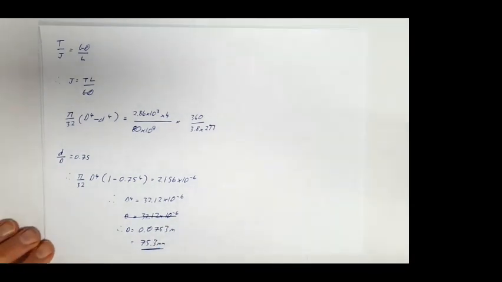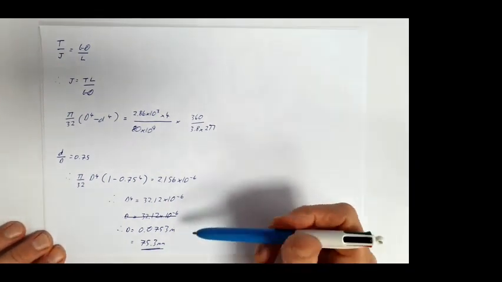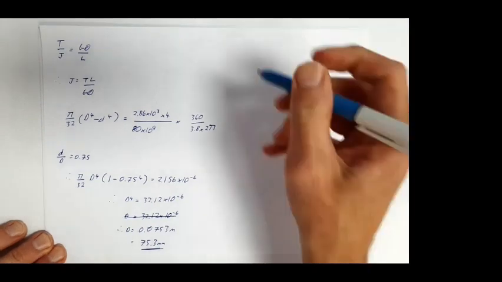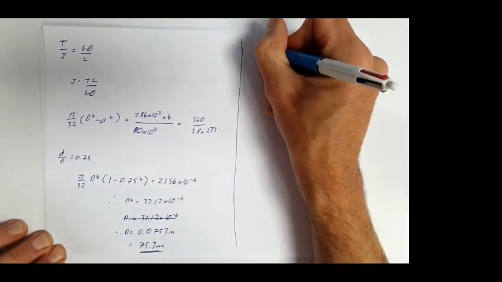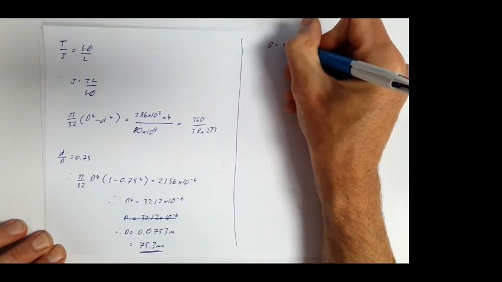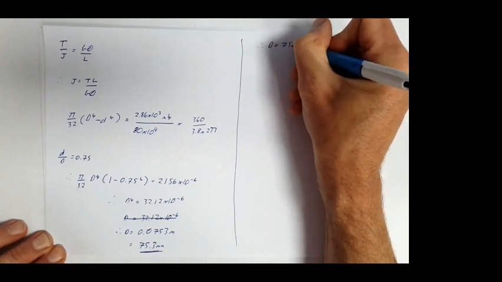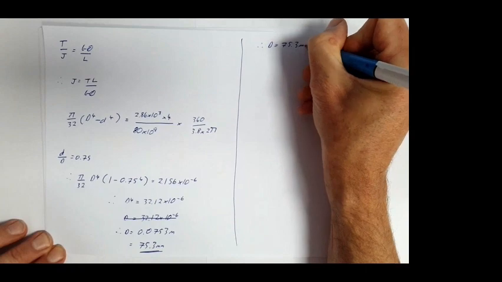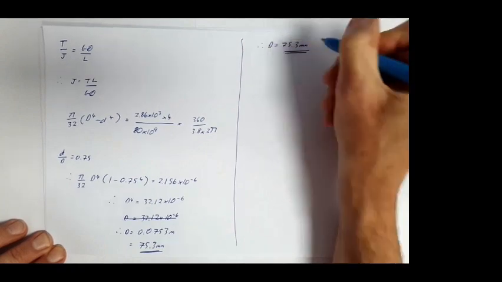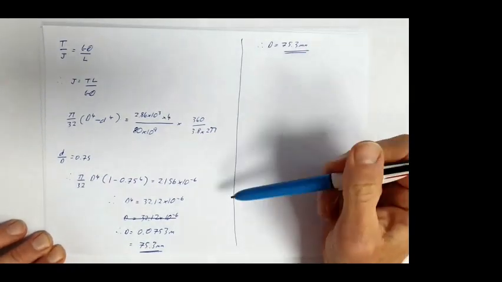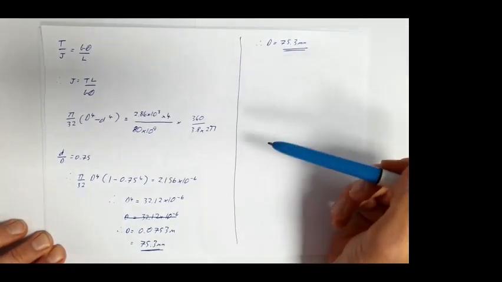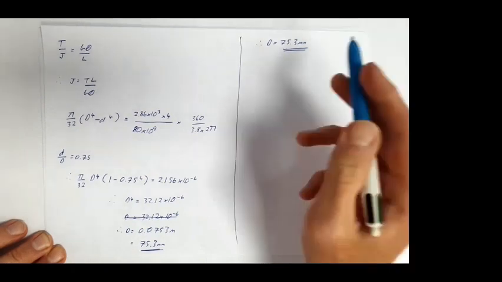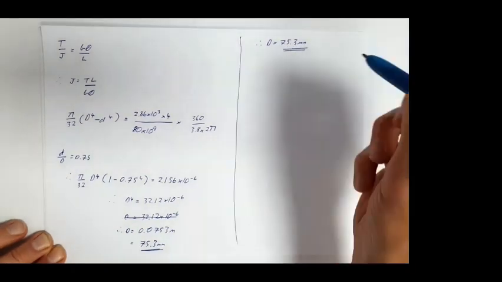So that's the limiting factor in order to meet both of those conditions. Therefore, D must be equal to 75.3 millimeters. Because if it's less than that, the angle of twist will be exceeded, even though the shear stress isn't exceeded. Okay, so D equals 75.3.